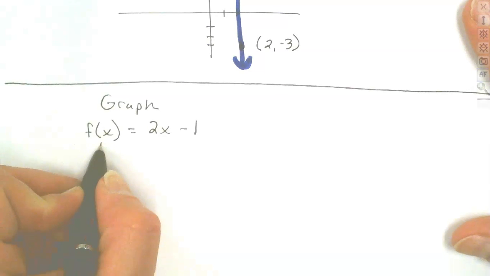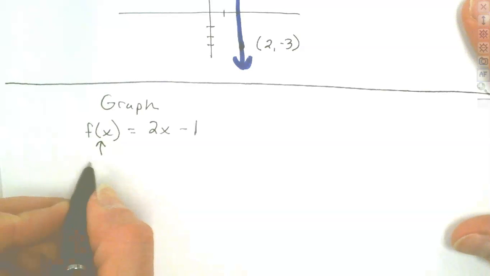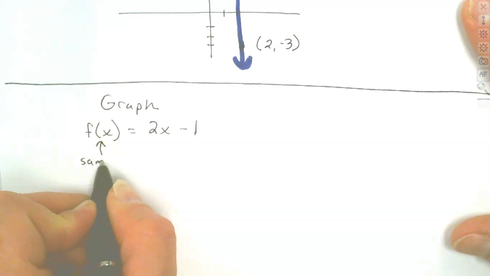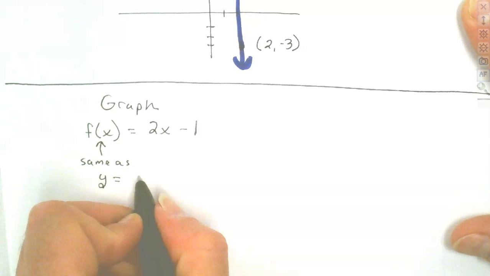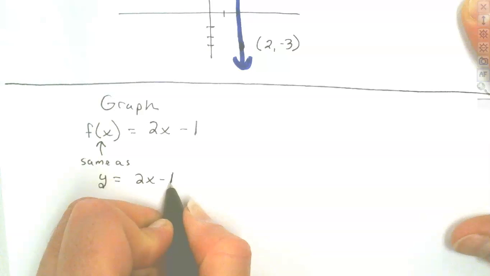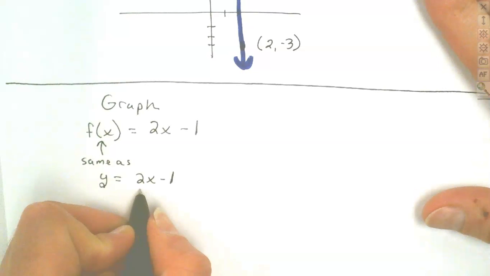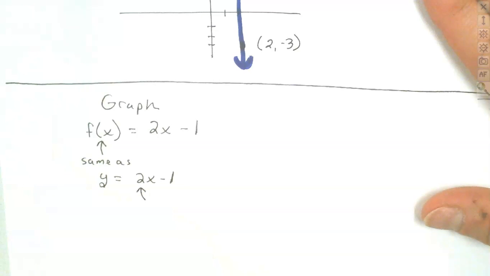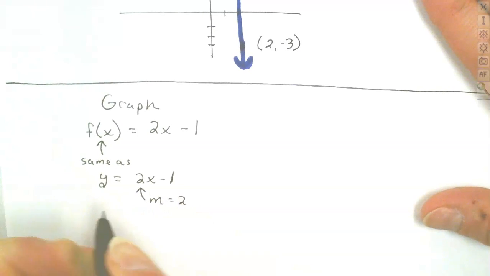And this f(x), remember, is the same as y. So that's the same as y = 2x - 1. So that y and the f(x) can be used interchangeably. And once it's been solved for y, then we know the number in front of the x is the slope.